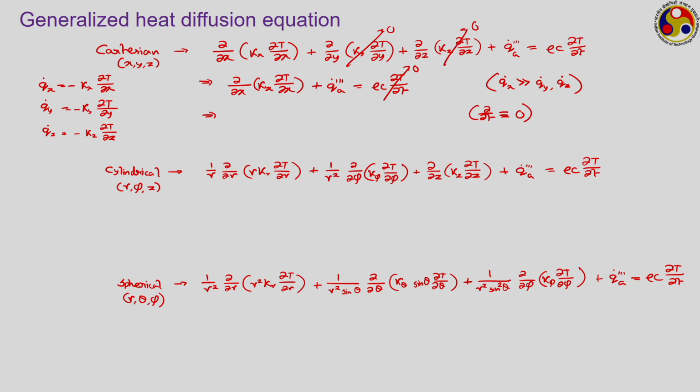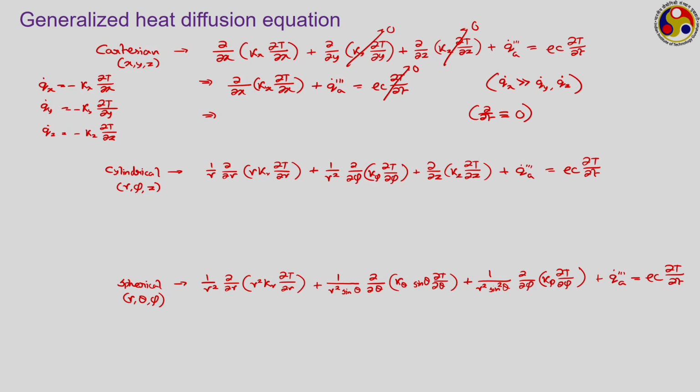Now, see in the first line, when we have written the generalized diffusion equation in Cartesian coordinate, we had 4 independent variables x, y, z and also time. Now, as we have neglected the variation in y and z directions, there are only 2 independent variables in the second equation, x and t.